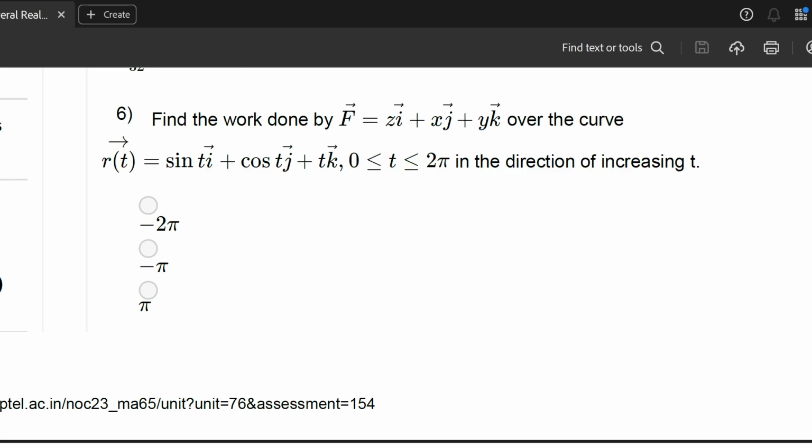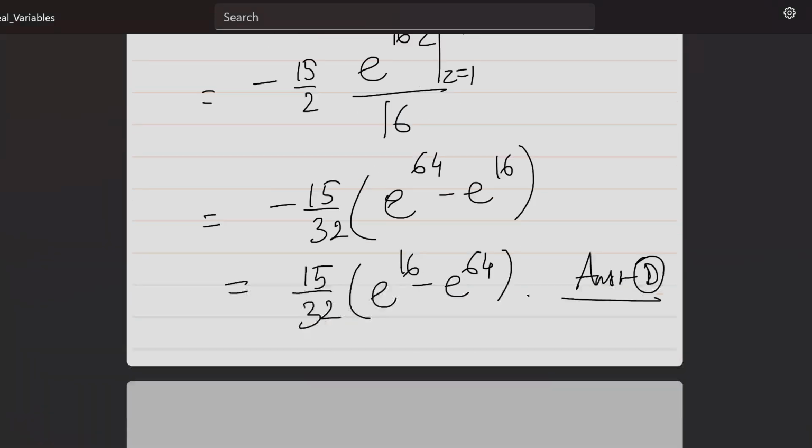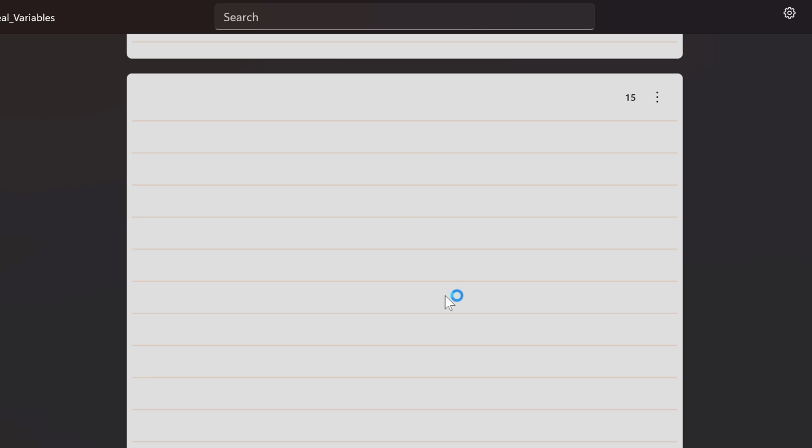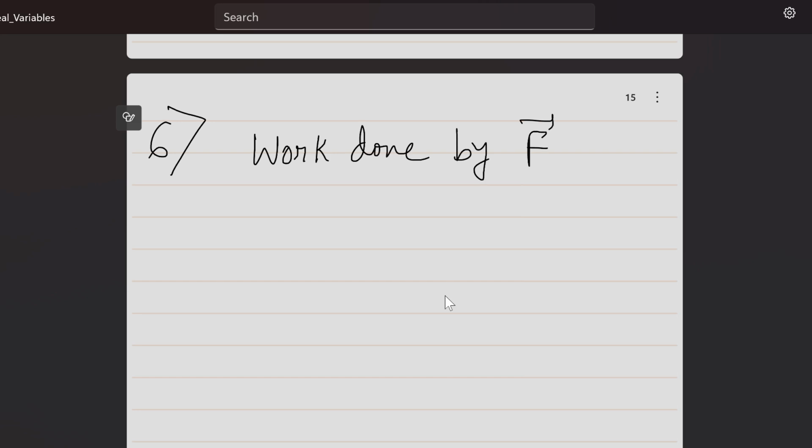So I'll just write for you the question, the answer, and the calculation. Question number 6 is work done by some F. F is a vector: zi plus xj plus yk over some curve.